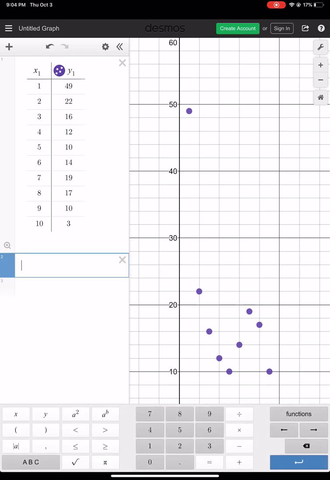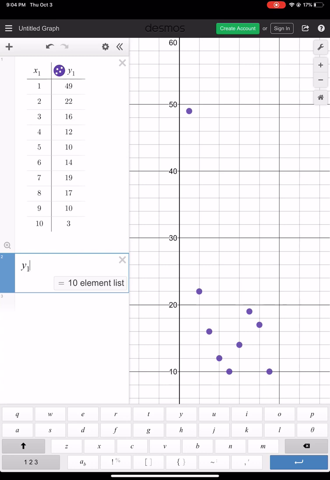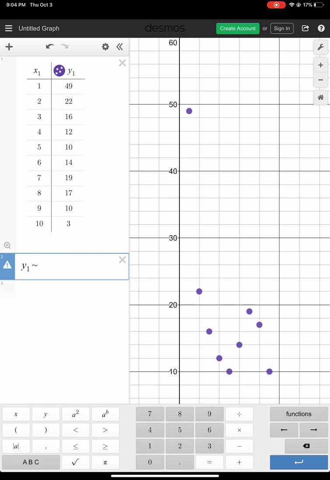And on Desmos, what we need to do is we need to say our y list, so y1, and it should automatically do the sub 1. And then we need to do the tilde. So we go in, you should be able to get to it from your keyboard, but I had to click the little thing on my screen.